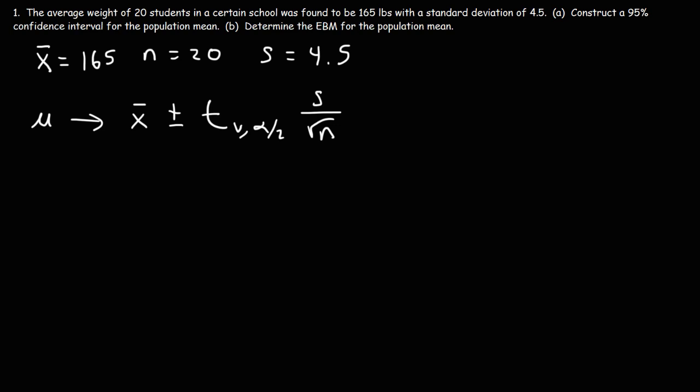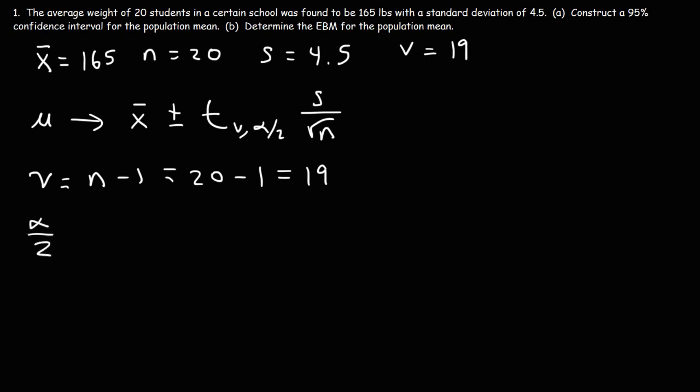In order to construct the confidence interval, we need to determine the value of our t-score or t-value. The subscript nu, that's the Greek letter nu, looks like a v, that's equal to n minus 1, which represents the degrees of freedom. n is 20 in this example, so 20 minus 1 is 19. So I'm going to write this here. So we have 19 degrees of freedom.